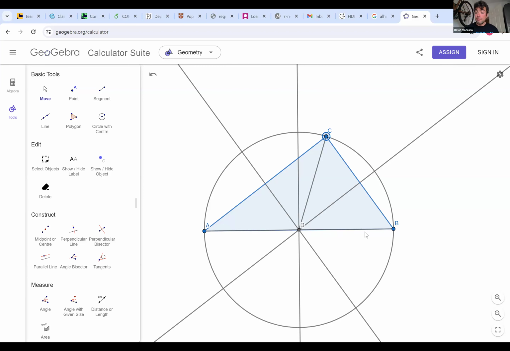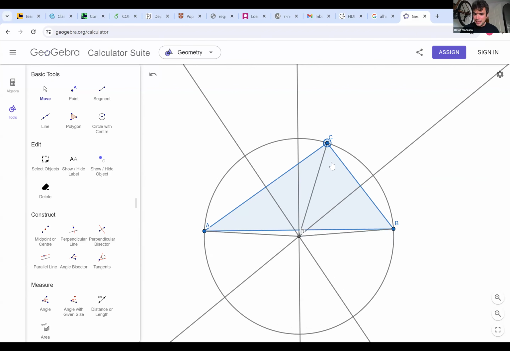Okay, so this was the very start of the lesson. At the very start of the lesson, we know that if AB is the diameter of a circle, then ACB is 90 degrees. So if we have a right angle triangle, then D lies on AB. So 90 degrees is the edge case.